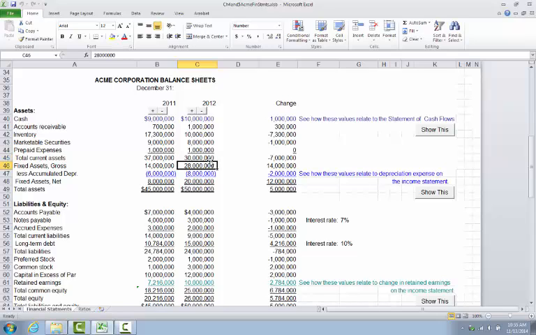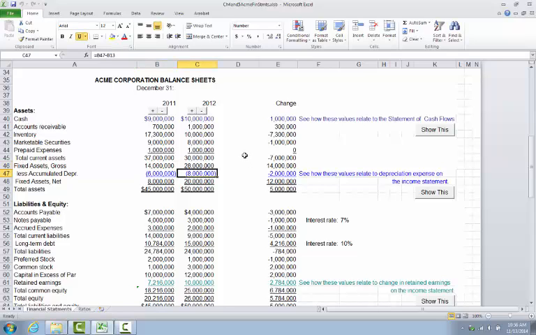Next, we have our longer-term assets. These are our fixed assets. Here you can see fixed assets went up from 14 million to 28 million from the end of 2011, which would be the beginning of 2012, to the end of 2012.